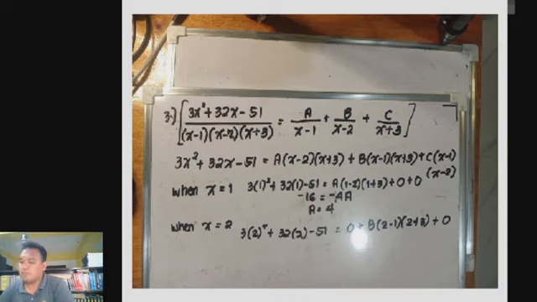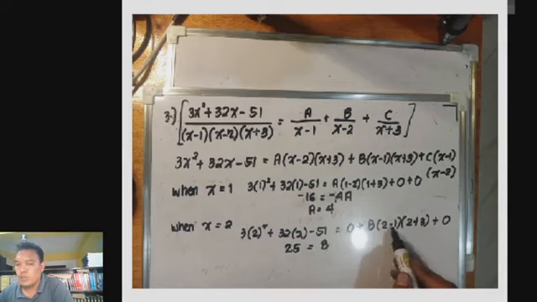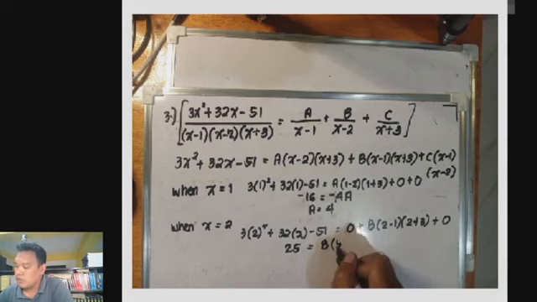So the value of this is equivalent to 25. So we have 25 is equivalent to b, where 2 minus 1 is 1, then 2 plus 3 is 5. So we have b times 5. So therefore, b is equivalent to 5.